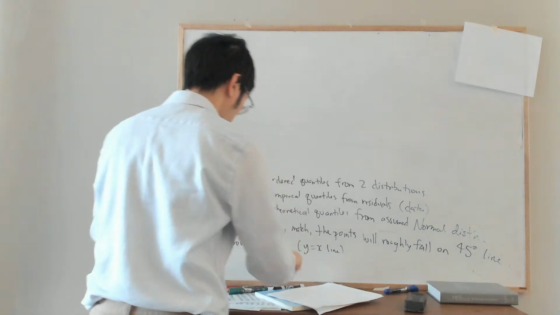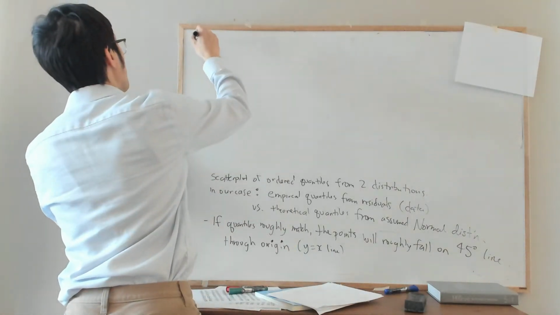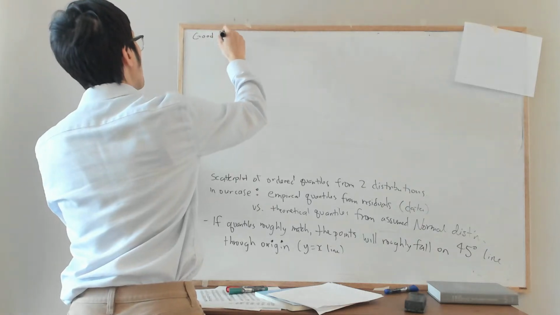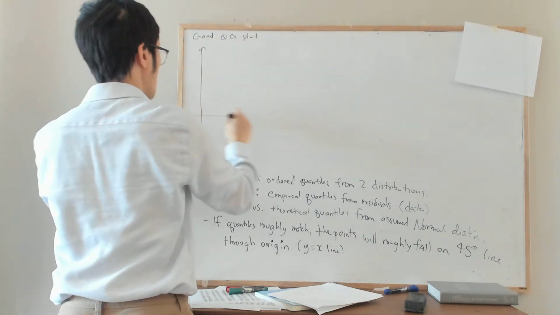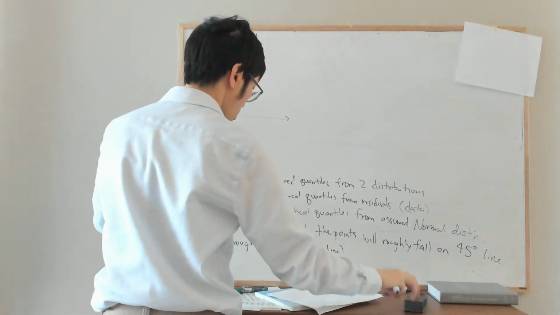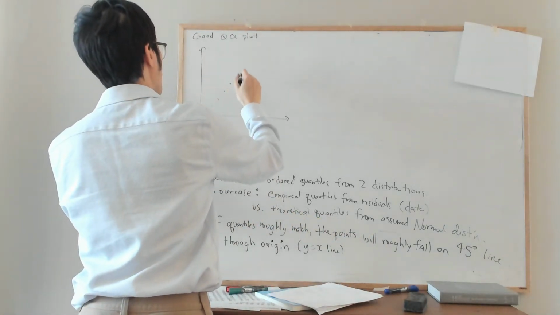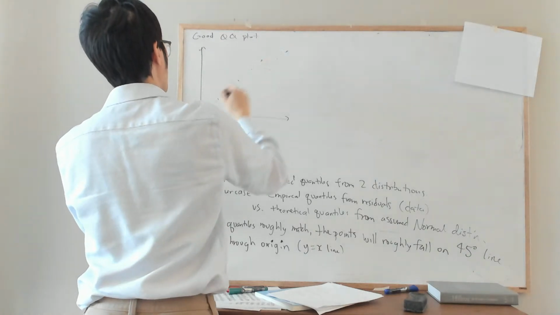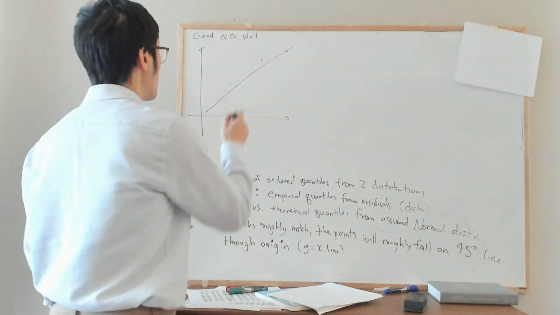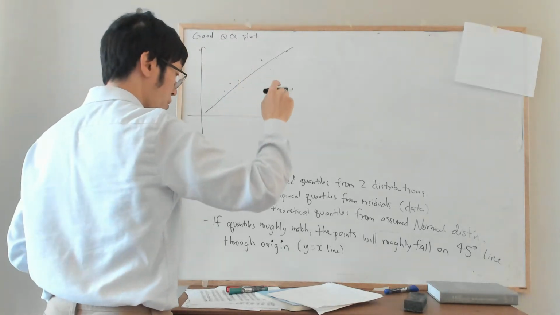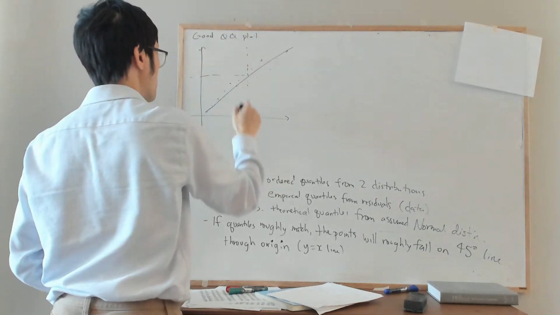Okay, so this is what we're saying. A good QQ plot will look like this, as a picture. You basically follow this line, and generally 0 is close to the middle of the plot.